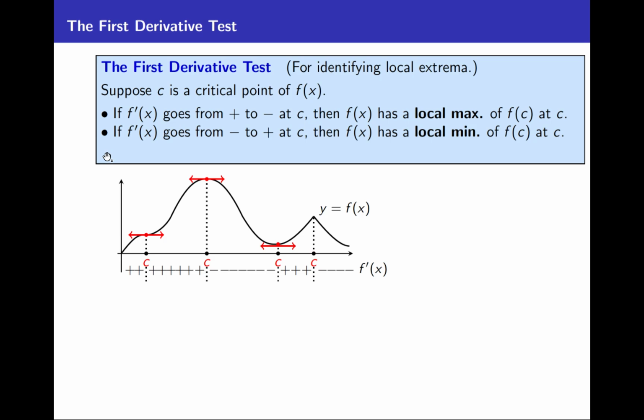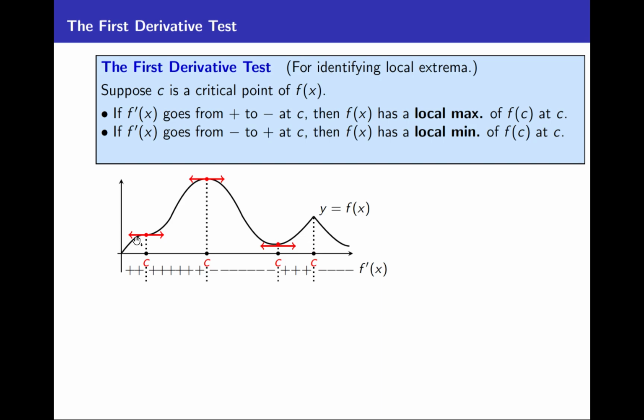There's a third statement here. What would happen if you didn't change from positive to negative or from negative to positive at c? Well, that means the sign doesn't change. It's positive on both sides or negative on both sides. And you can actually see that happening right here. Here's a critical point c. Right there, the tangent line was horizontal, so the slope is 0, so f prime of c equals 0, so that's a critical point. But look what happened to the function.